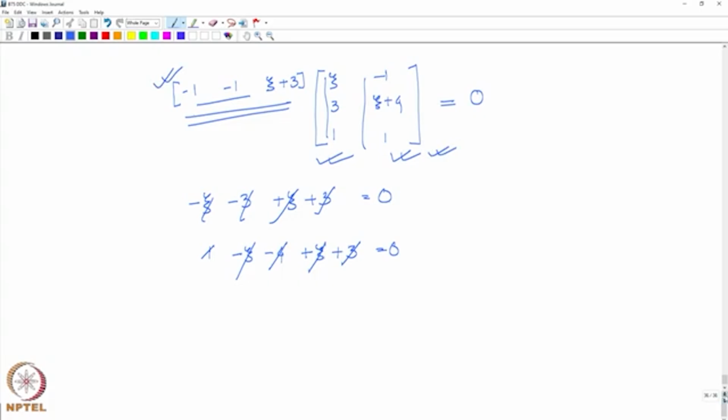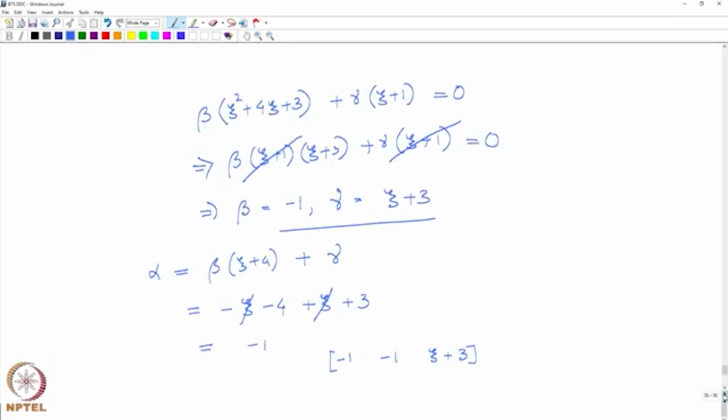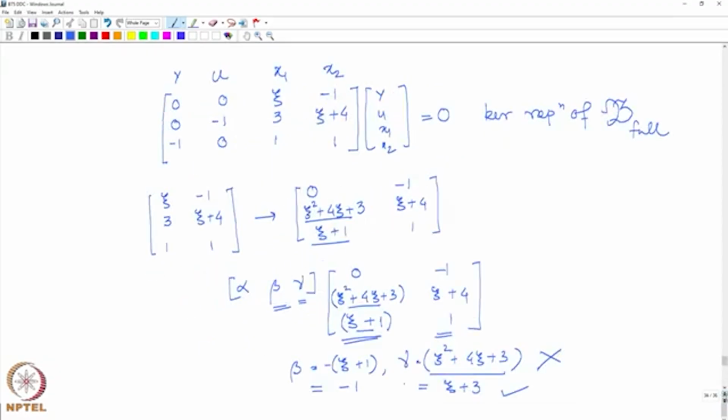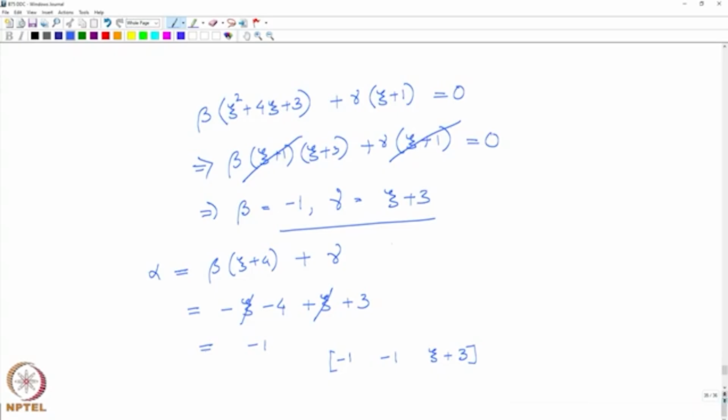Lovely. You might argue, why this and why not the first choice that I made? What was wrong with it? You see, if I had done that, I would have got a common factor between the three. I can just show you that. Let us say we made the other choice.